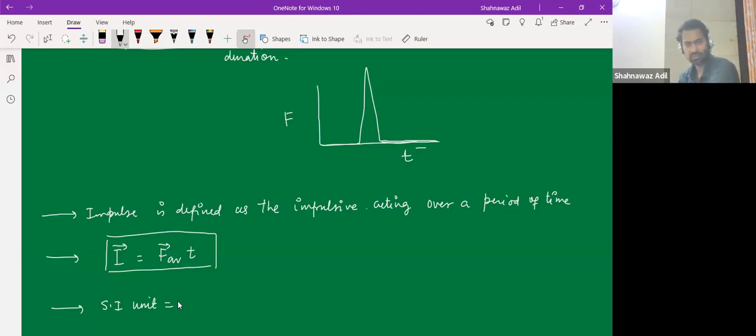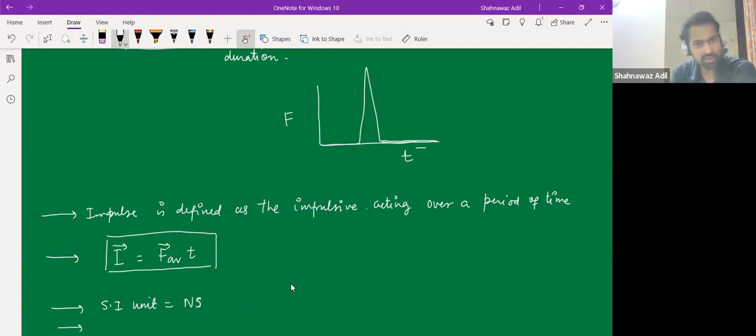So this is into time. Absolutely, you are going in the right direction. F is Newton. Time is what? Yes, second, right? So this is Newton second. Good, good.